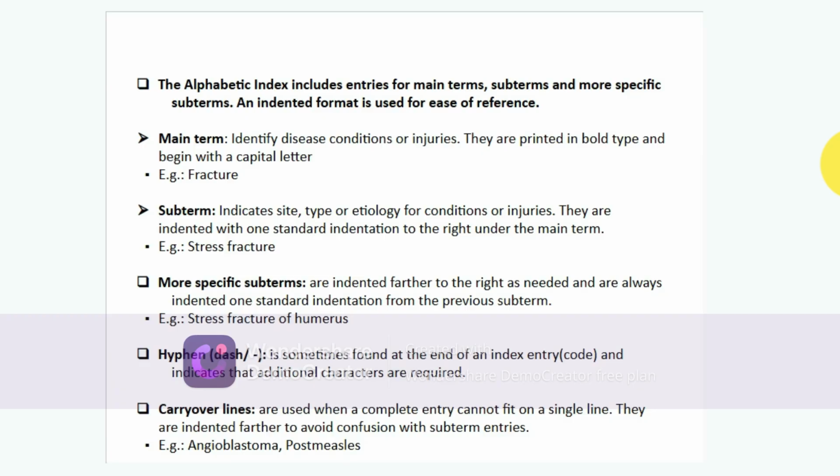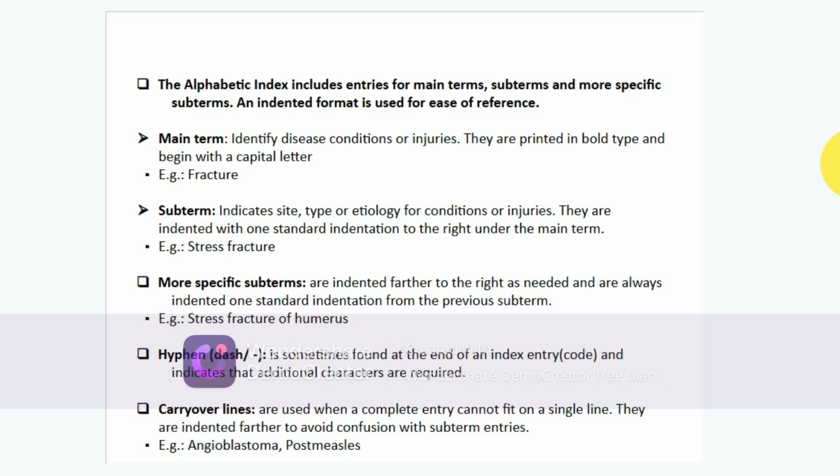An example is fracture. Subterms indicate the site, type, or etiology of the condition or injury. They are indented one standard indention to the right under the main term. An example is stress fracture.